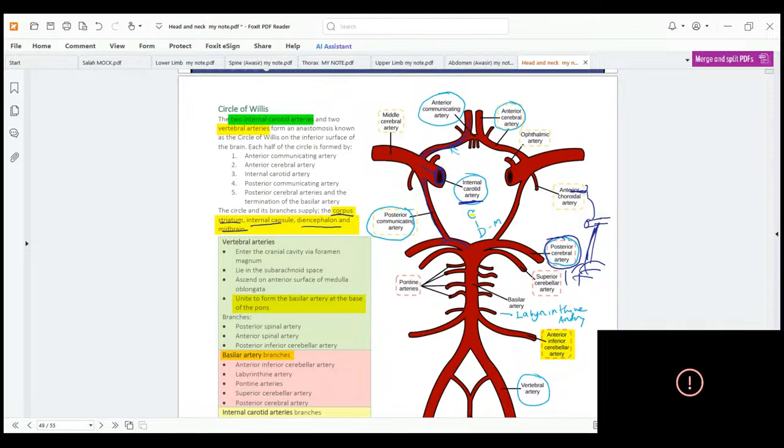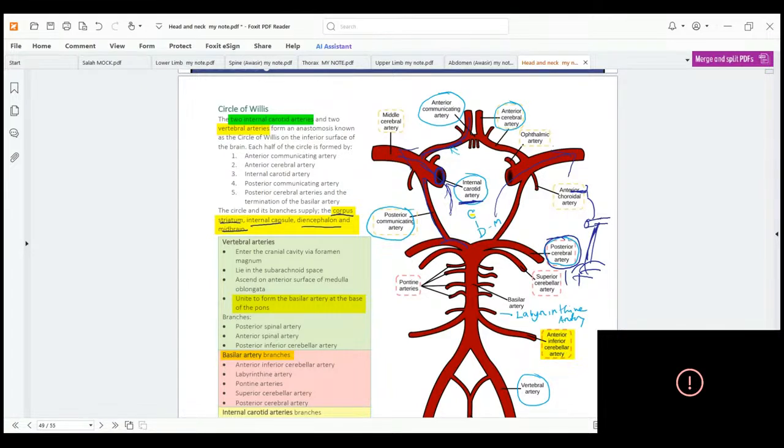Or in another sense, you can think like this: the internal carotid artery is actually starting from here, from the mid side. This is the direction. If you think in this way, then it will be easy. It is a continuation after giving its branch, in the same direction as the internal carotid.